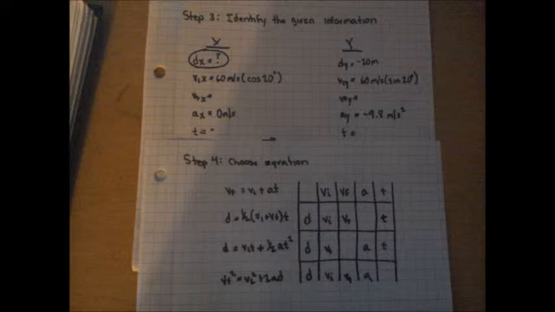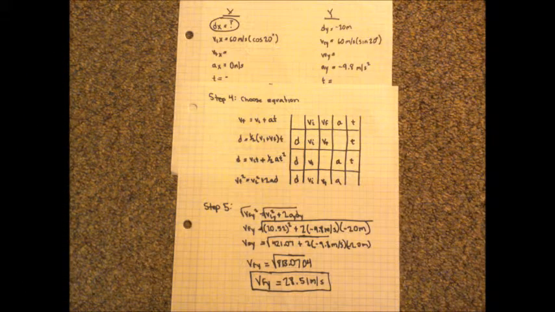For x, you only have 2, but for y, you have 3, so you can use an equation to solve for t. We're solving for t because t is the same for both x and y. So if you get t on the y side, you also get t on the x side, and once you have t, you have 3 pieces of information and you can solve for dx.